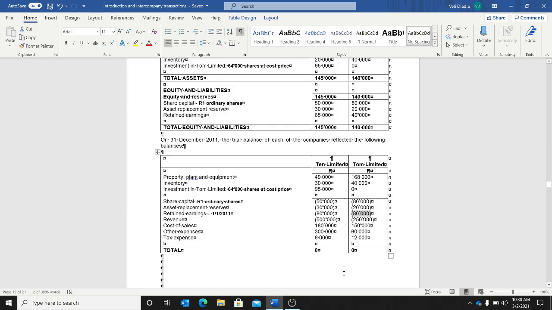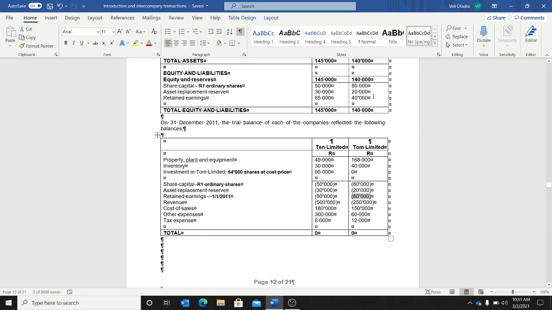But now, let's explain this such that people can understand. Let's look at the retained earnings from here to here. The first thing is that when you bought the company, at acquisition, there was 40,000, right?